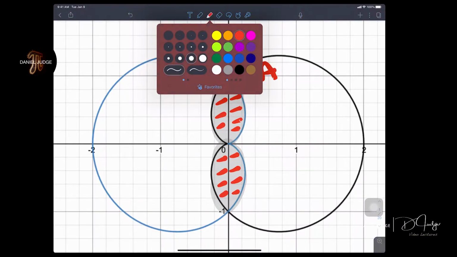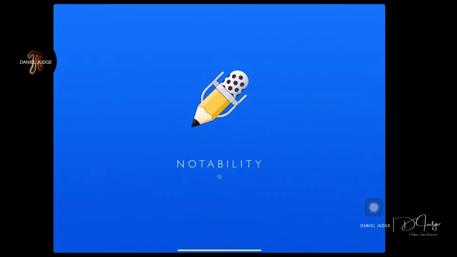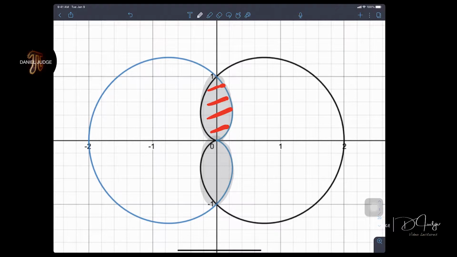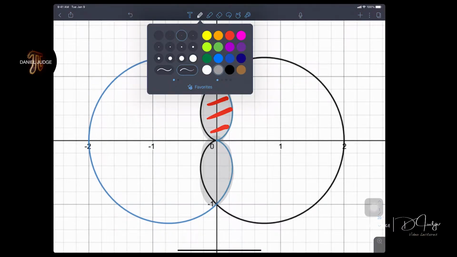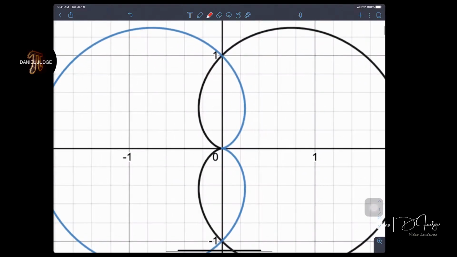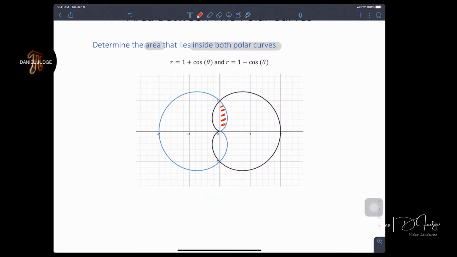So the key would be really to find this area, essentially take this area in red here and multiply it by 4. So whatever this area is, that's going to be the area inside both the curves here. So we're going to multiply that whole area by 4.